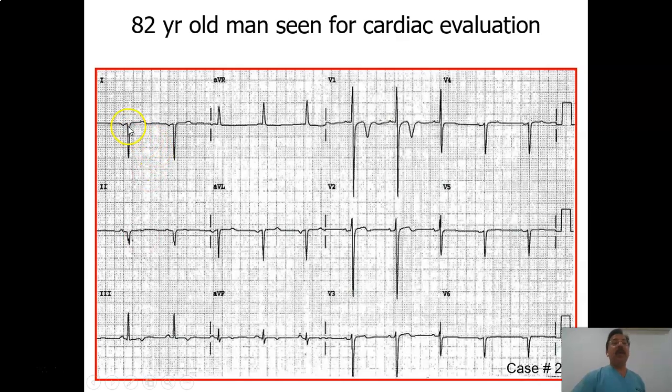But if you look at lead 1, there is a negative P wave, and we have discussed earlier that a negative P wave can be seen in a few conditions. One of them is lead misplacement. So look, here it is not just lead misplacement, it's actually everything that is misplaced.